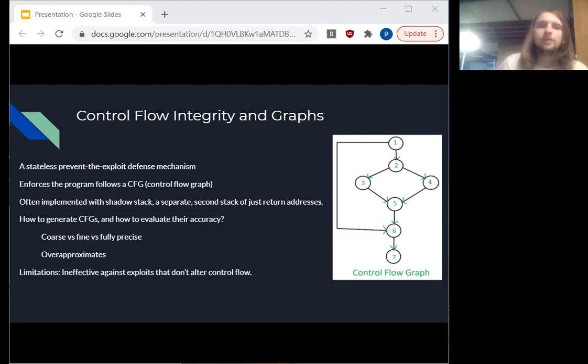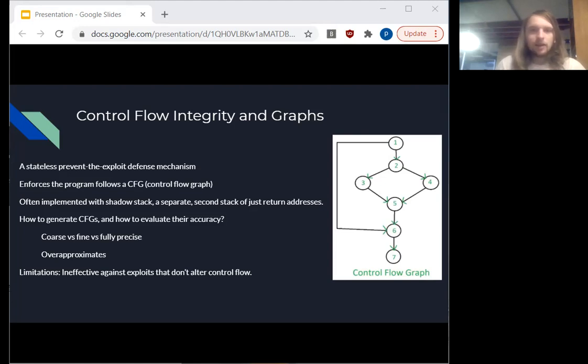One of the things that it doesn't do is it isn't effective against exploits that do not alter control flow. An example of this might be a call to an exec function, where you rewrite the program memory and basically make it a new program.